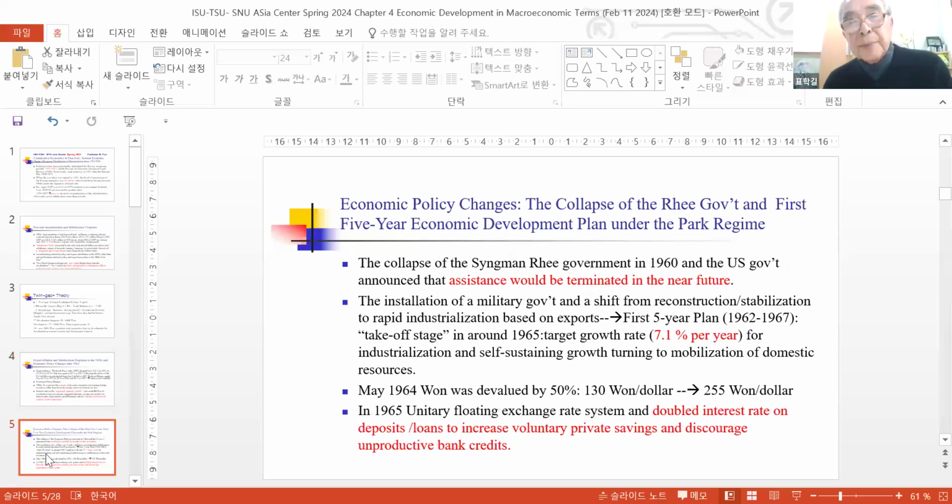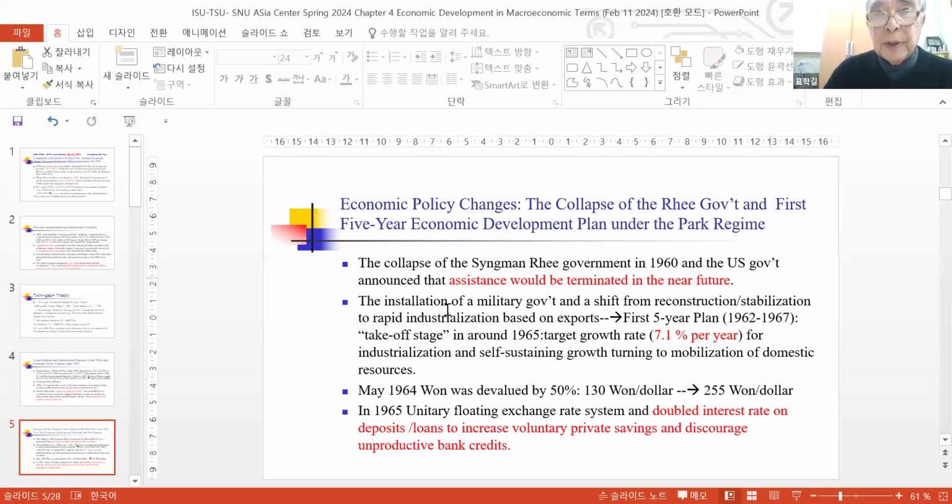So the collapse of the Syngman Rhee government in 1960, and the U.S. government announced that U.S. assistance would be terminated in the near future. You have to go back to chapters 2 and 3 on how the Syngman Rhee government was toppled in 1960.